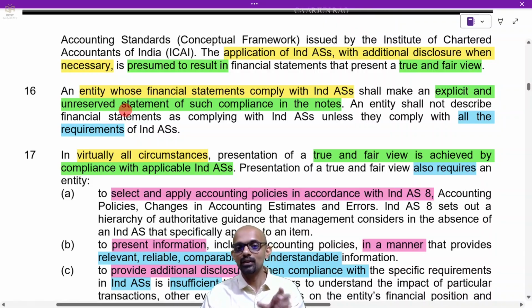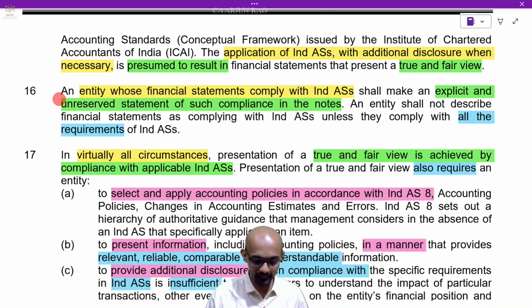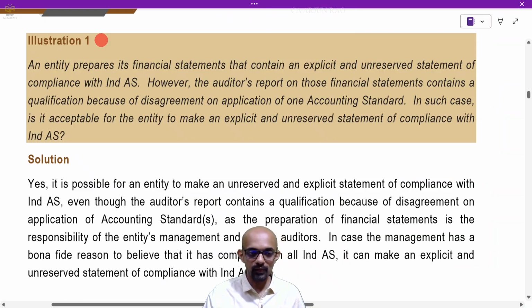Yes. So this is dependent on the opinion of the management, not the auditor. So this requirement is being given for the management who prepares the financial statements, right? So this concept is there in illustration 1. The entity prepares its financial statements that contain an explicit and unreserved statement of compliance, but the auditor's report contains a qualification because of disagreement on application of one accounting standard.